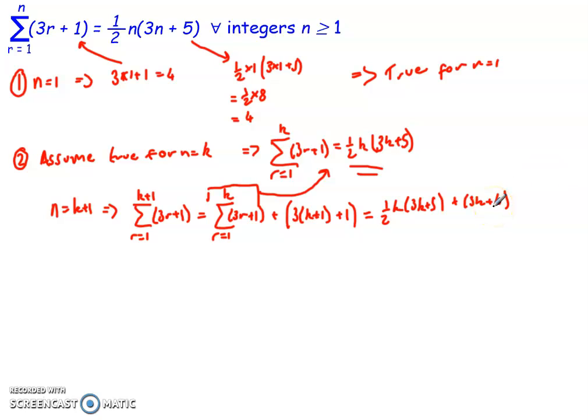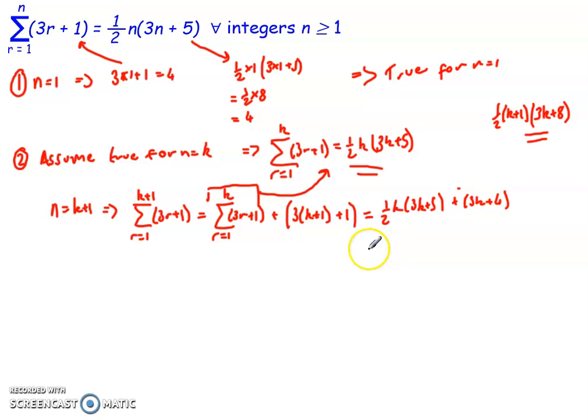What I'm now going to do is try and simplify that, because if I can simplify this using this conjecture here and get it to a form where I've got a half bracket k plus 1 and then 3 times what would be the k plus 1 here, simplifying it would give me 3k plus 8. If I can somehow get this out of that, then I've shown that it's true.